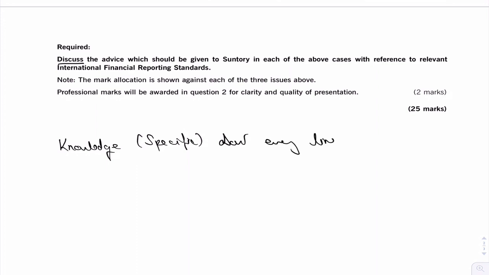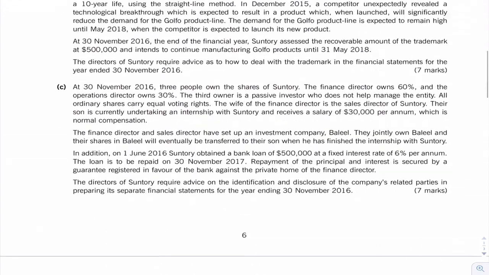Use every line in the scenario and then go through the scenario line by line, and that's it. Knowledge, scenario, knowledge, scenario. Now, sometimes you can do the knowledge all at once and then do the scenario later, or you could do it as you go along. Completely up to you.